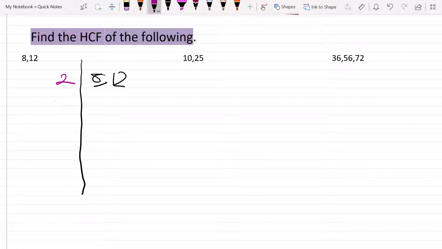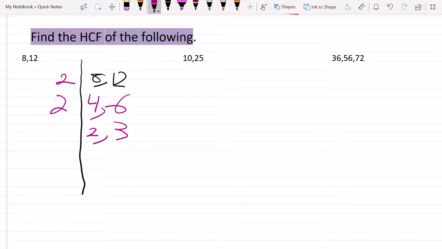So 8 divided by 2 is 4, 12 divided by 2 is 6. Again, we want to find a factor that is divisible by both numbers 4 and 6. That is the 2 again. 4 divided by 2 is 2, 6 divided by 2 is 3. Now we can stop because there isn't any factor that is divisible by both numbers.